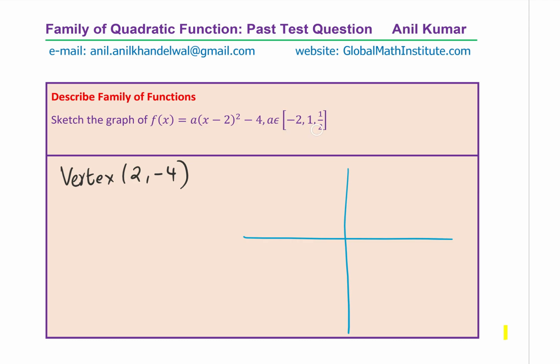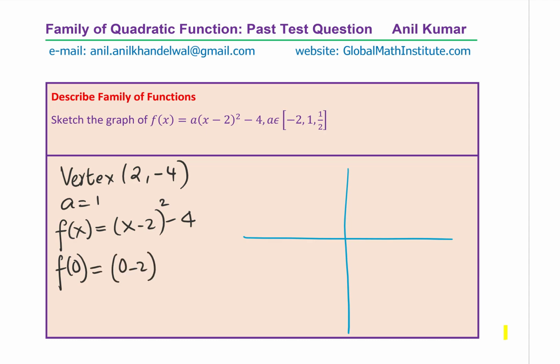We can take a value of a as 1 to begin with. So if a = 1, in that case we have f(x) = (x − 2)² − 4. We can find the value of the y-intercept by plugging in 0 here. So we get (0 − 2)² − 4, which is 4 − 4, and that is at the origin itself.